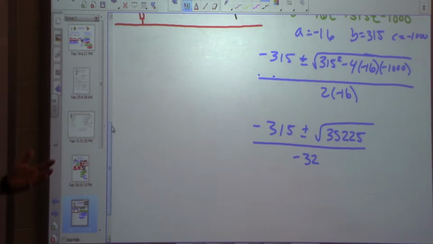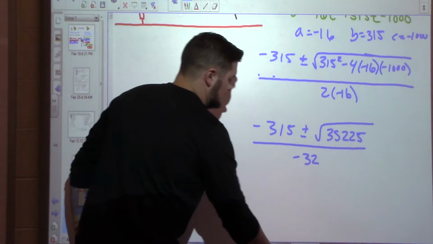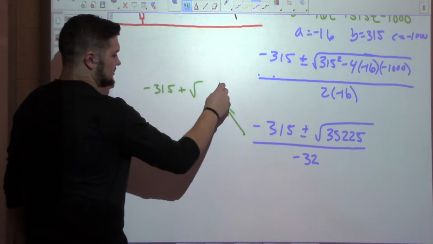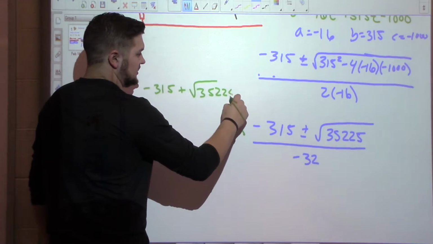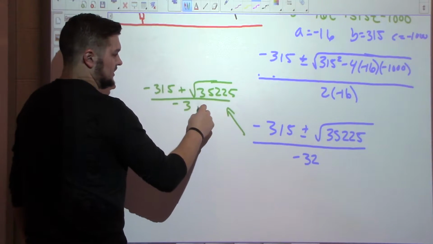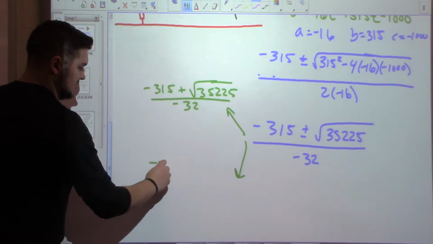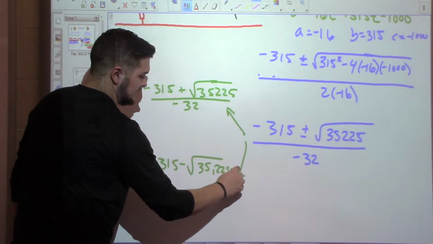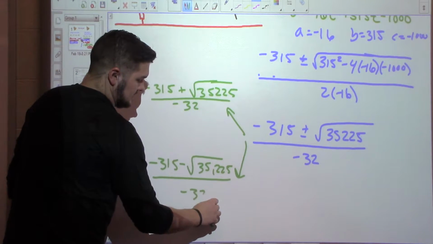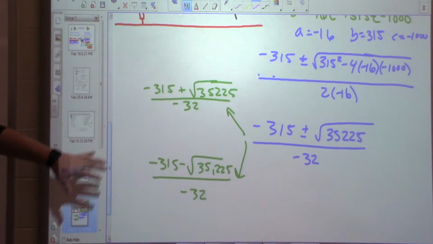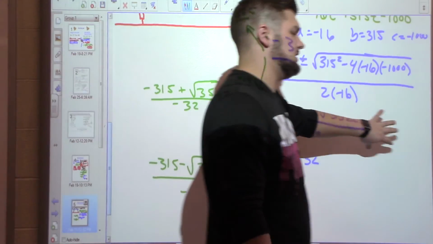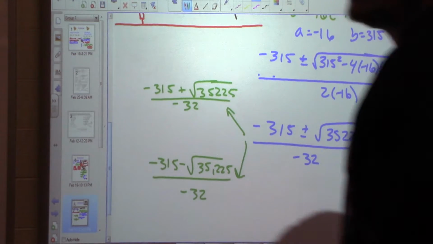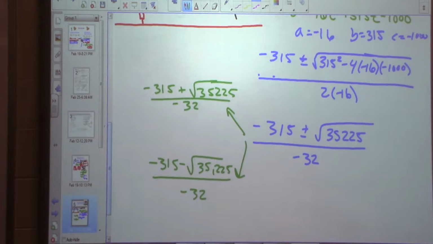So then to solve, we're going to split it apart. Negative 315 plus the square root of 35,225 over negative 32, and negative 315 minus the square root of 35,225 over negative 32. Punch in your calculator, right? This doesn't come out to a nice number. So we're going to estimate, round to the nearest hundredths place. Get in the habit of that, hundredths.